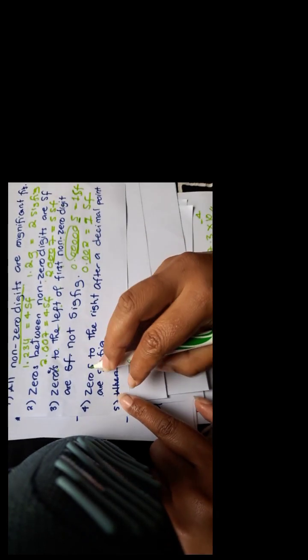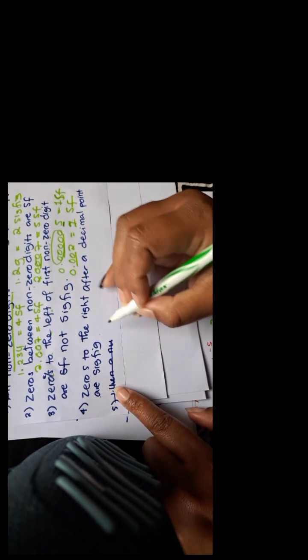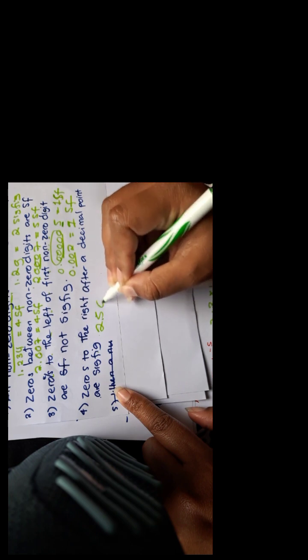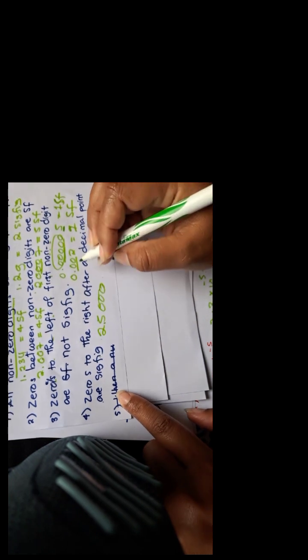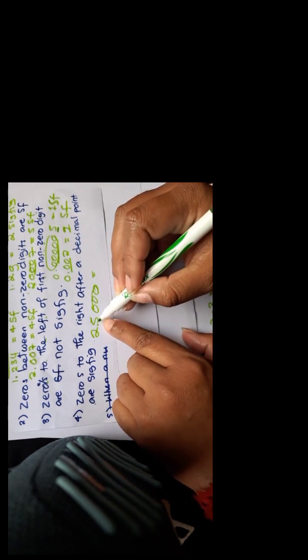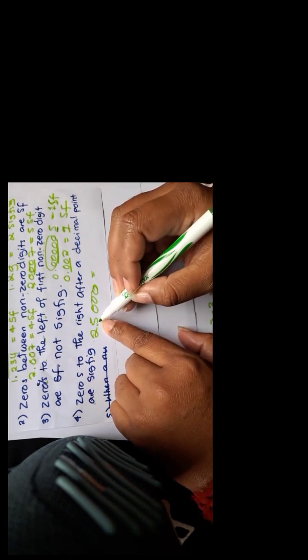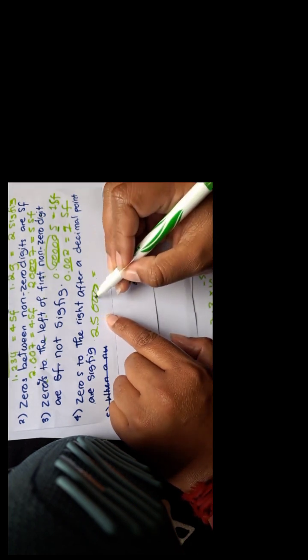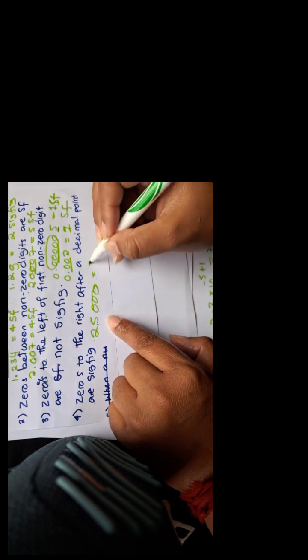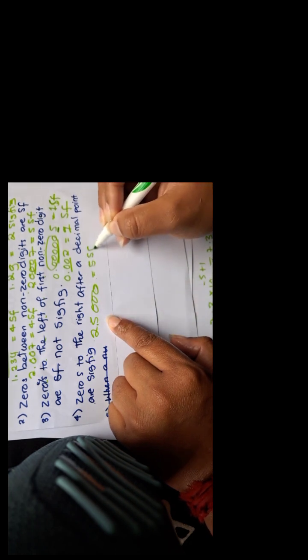The fourth rule says zeros to the right after the decimal point are sig fig. So for example, if we have 2.5000, then they are sig fig because they are after the decimal point. So we have 5 significant figures.